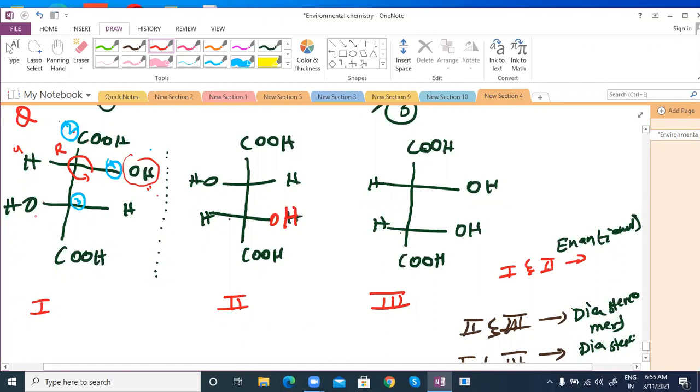Then the same thing here, I am applying 1, this is 2, this is 3, but again the least priority is present at horizontal. So if this is going 1, 2, 3 anti-clockwise, that means it should be R, and we have to reverse that one.